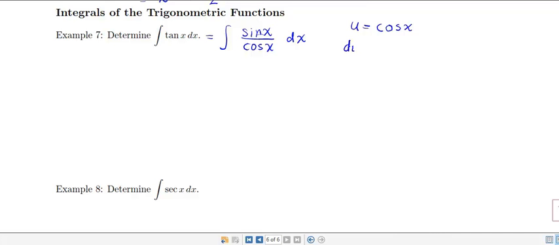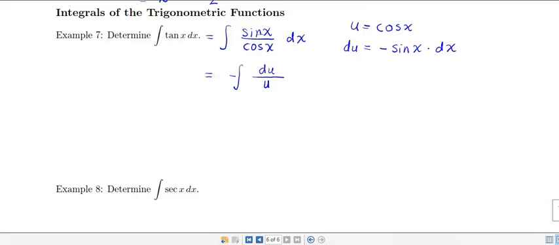Our du will equal negative sine of x dx. So we can rewrite the original integral: sine of x dx will become negative du.